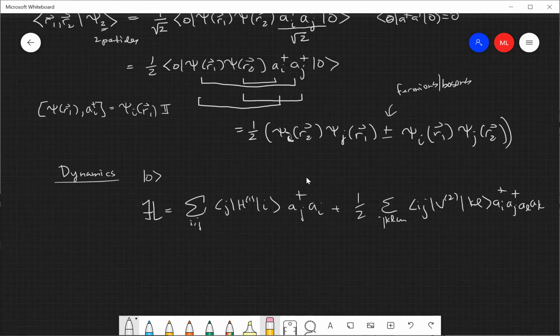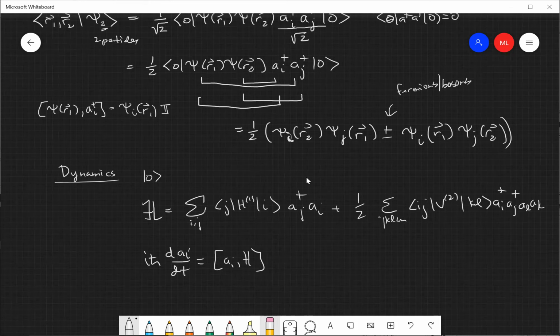And then the annihilation operators themselves evolve according to the Heisenberg equation of motion, which is just like the Schrodinger equation, except instead of the Hamiltonian, you have the commutator between the Hamiltonian and the operator. And you can use this as an equation of motion to figure out the dynamics.